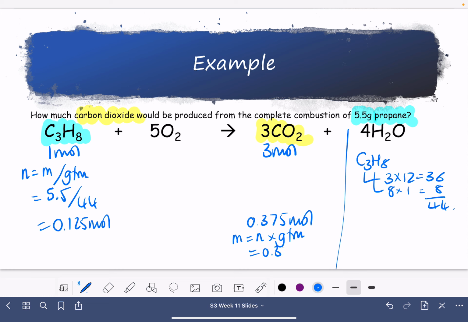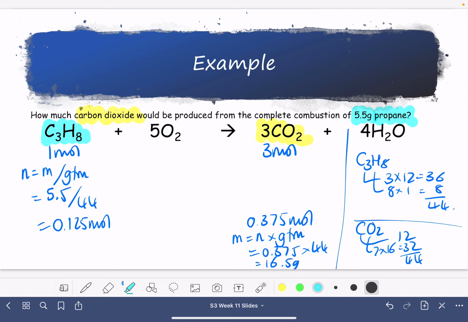So 0.375 times, for carbon dioxide, we've got 12 plus 2 times 16, which is 32, which is 44. They've actually got the same gram formula mass. So we're getting an answer of 16.5 grams. That is the mass of carbon dioxide we're going to get.